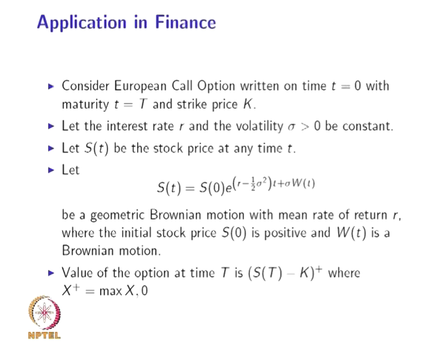Suppose you choose a positive constant K, which is a strike price at the maturity date capital T. The value of the option at time capital T is (S(T) minus K) superscript plus, where x superscript plus means the maximum of x comma 0.